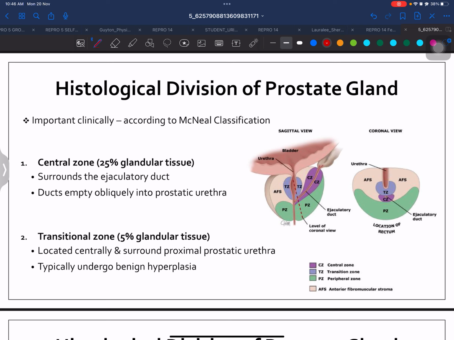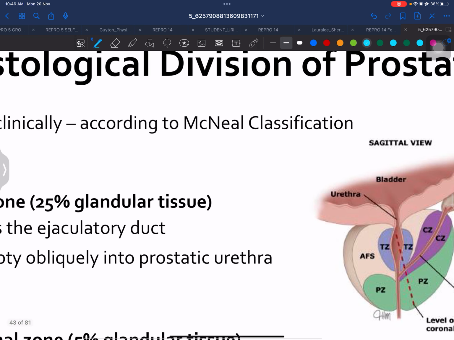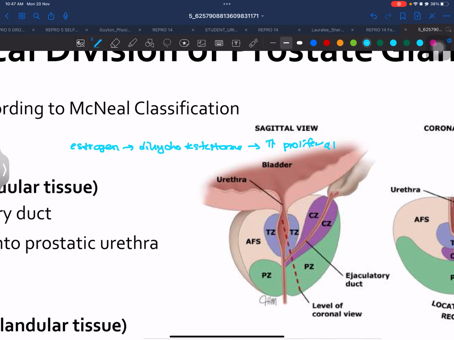Bila you ada banyak dihydrotestosterone, dia akan cause imbalance of dihydrotestosterone and testosterone, which will increase proliferation of cells and reduce the apoptosis of cells. When this proliferation of cells increases, it akan cause this prostate gland to become bigger and bigger.